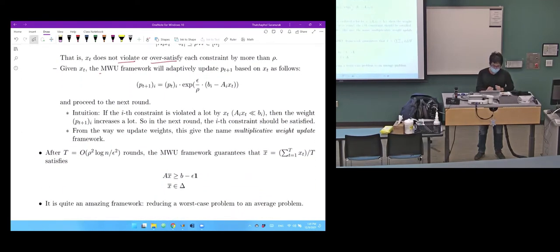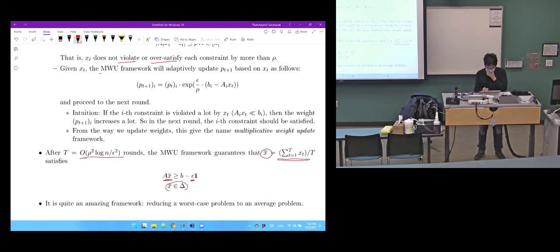The framework says that if you proceed in this way for something like log n rounds, then once you average everything that you have solved on each round so far, this x bar, the average of your solutions, is going to be a very good solution. It almost satisfies all the hard constraints up to an epsilon additive factor.